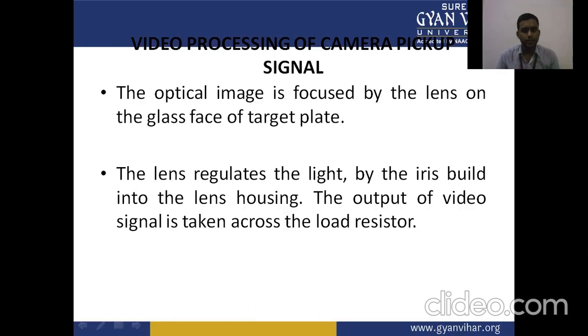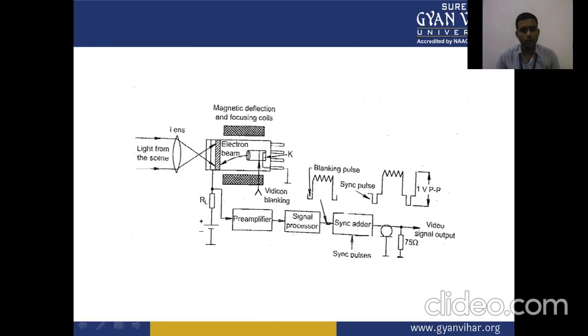The optical image is focused by the lens on the glass plate, producing the video signal, which is taken across the load resistor. So this is the principal diagram of the camera tube, showing how the camera develops the video signal.